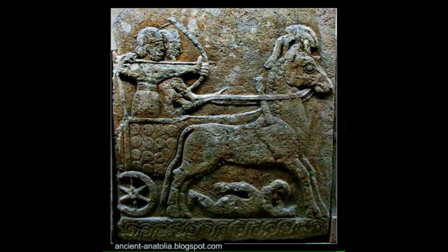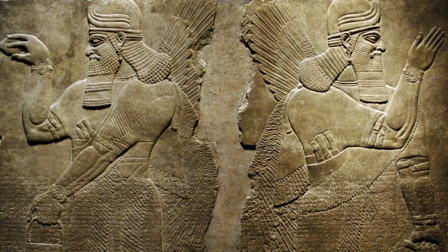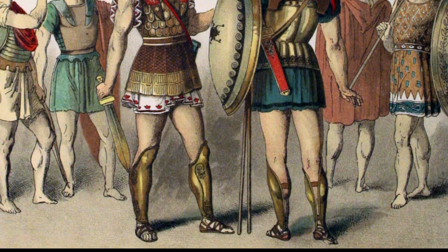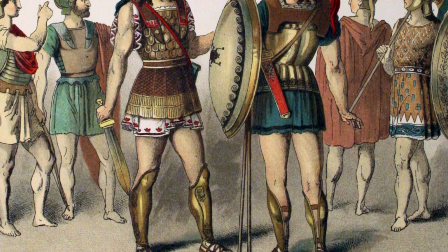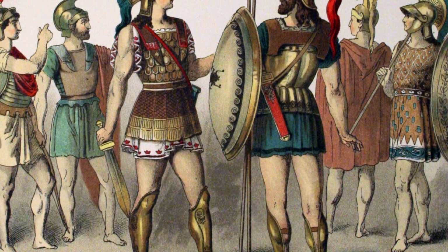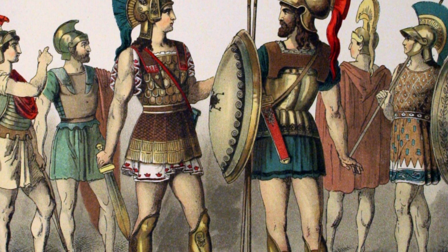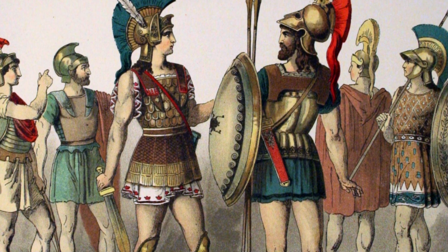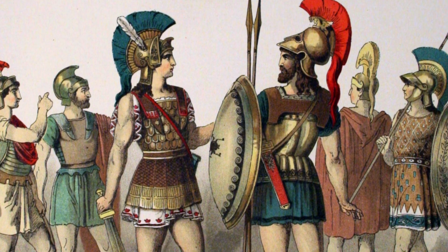We also have cultures such as the Egyptians, Mesopotamians, and the Mycenaeans, who we will reference a lot going forward, who used iron mainly for decorative purposes, and not for the manufacture of weapons or other practical tools in general.